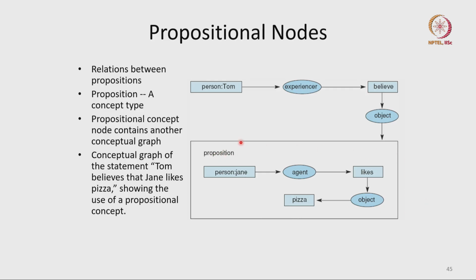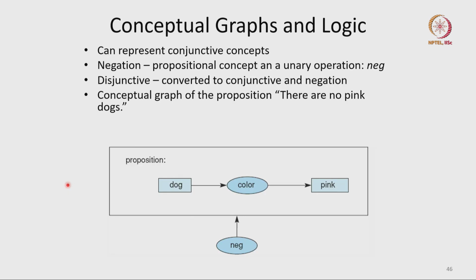You could also do things like using all x here, or a negating box, etc., right, which helps you to use things like universal quantification, etc. Okay. So, here is the negation that we have used. There are no pink dogs.